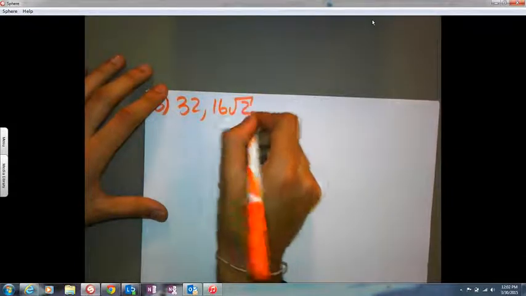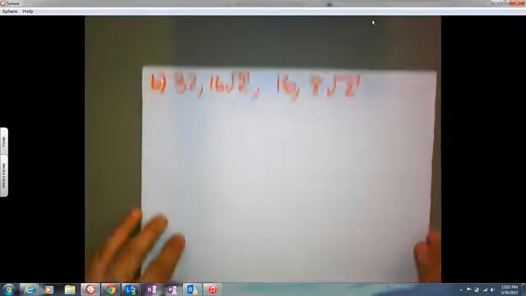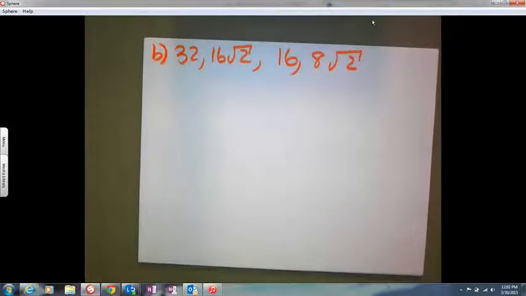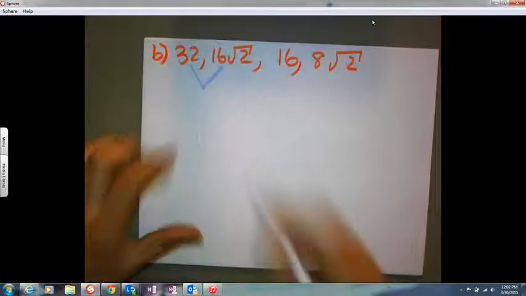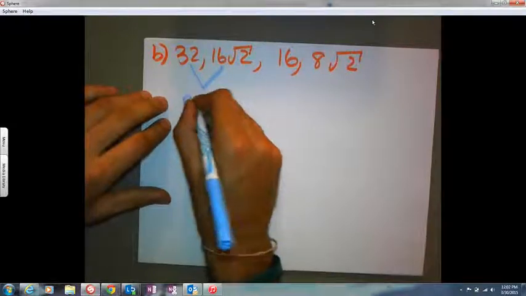And we need to know, is this arithmetic, is it geometric, or is it neither? Well, let's find out. From here to here, what is happening? Well, R, which is the common ratio, if this were geometric, would be what?